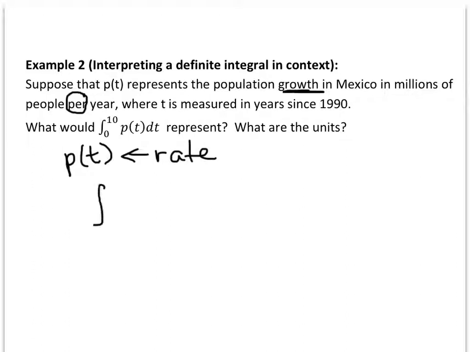And then we're asked to integrate from 0 to 10 of p of t dt. We know from the second fundamental theorem of calculus that integrating a rate of change gives me the amount of change.